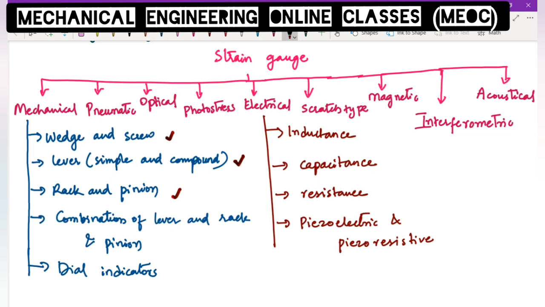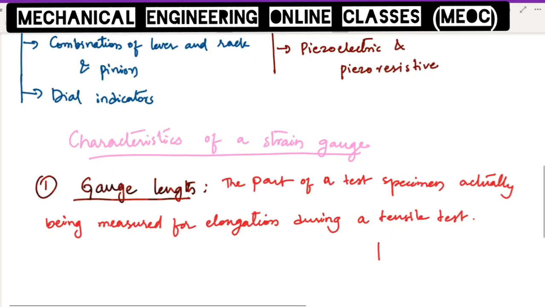But before that, let us first look into the different characteristics of a strain gauge. The first characteristic is the gauge length, which is the part of a test specimen actually being measured for elongation during a tensile test.